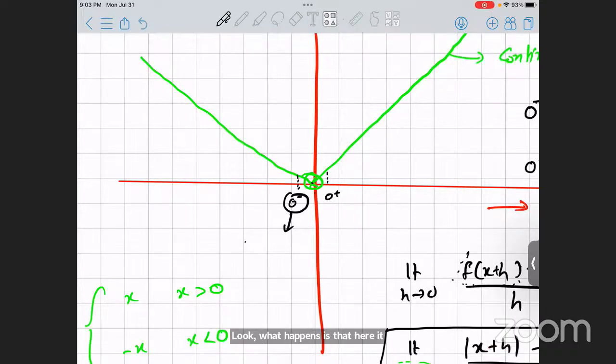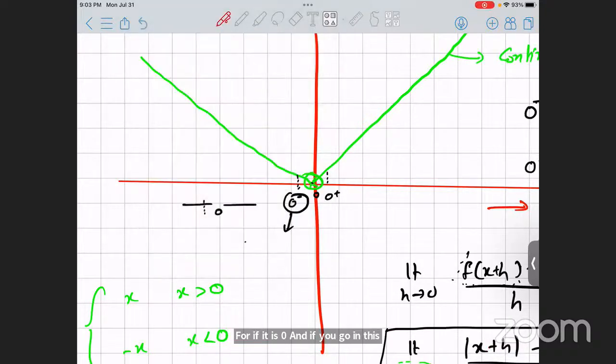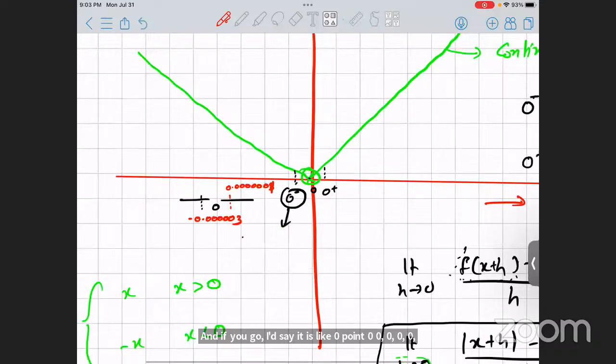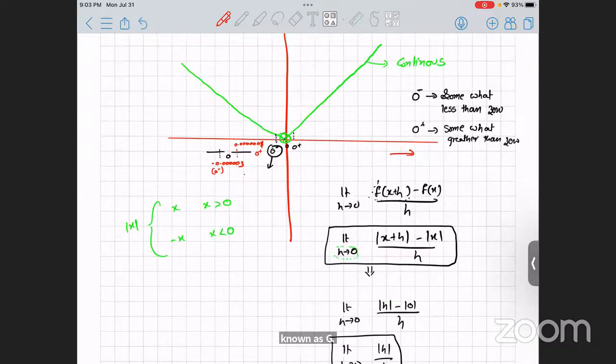The beauty of limits is that if you go towards the left side, it is not exactly 0: it is like minus 0.000003, and if you go to the right side, it is like 0.000003. This is known as 0 plus, and this is known as 0 minus. 0 minus means very slightly less than 0.